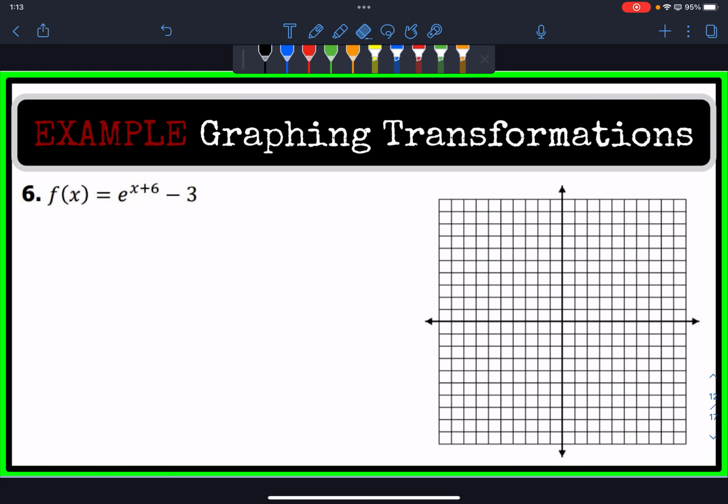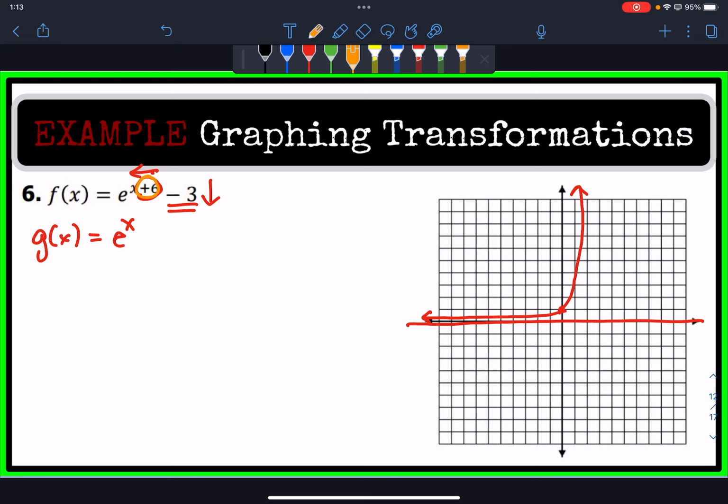And now here does 2 translations. It shifts the graph e to the x. Let me just draw that first. It shifts this graph e to the x 6 units to the left and 3 units down. Now, the horizontal asymptote is not going to be affected by shifting it to the left, okay?